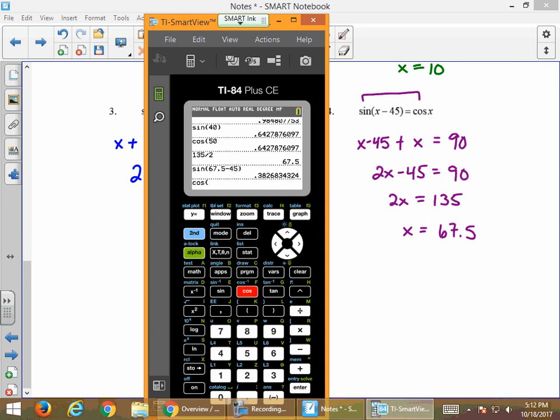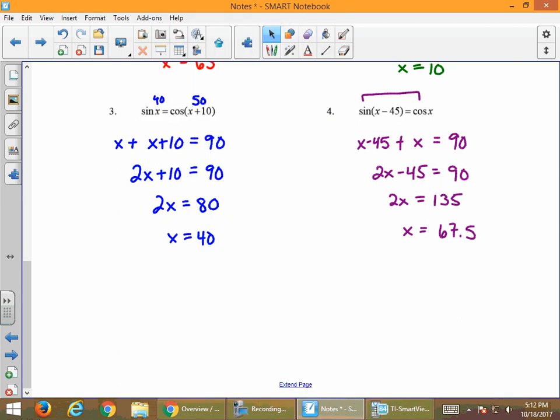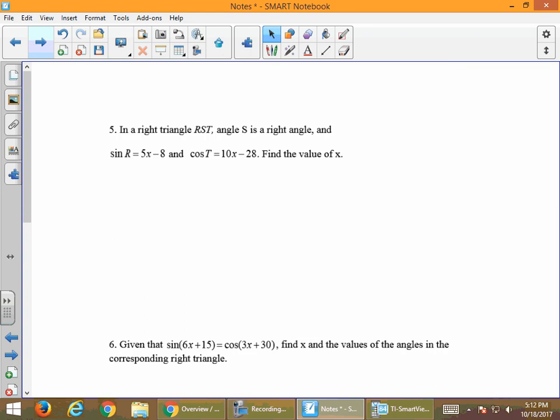And the cosine of 67.5, you'll notice again that I get the exact same answer. It keeps showing up again and again. All right, the next question says, in right triangle RST, first thing I'll do is DAP.